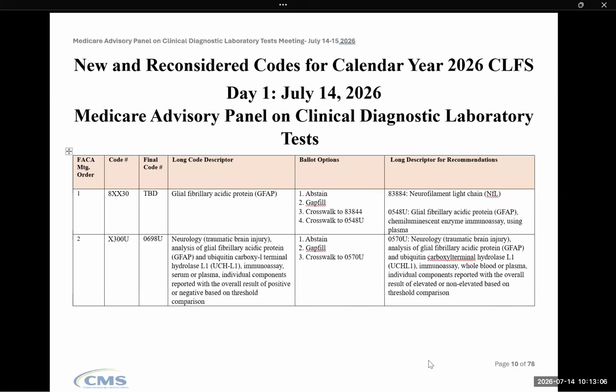Do we have any other options for the panel to consider? And do we have any questions or comments from the panel or from CMS about this code? All right, if there are no additional comments or questions, panel members, please cast your vote now.